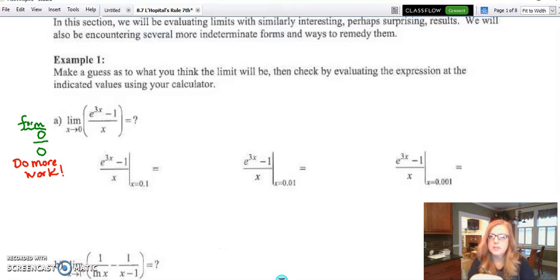All right, so initially taking a look at this, you might go, hey, let's look at how fast the top and the bottom are moving, kind of compare their relative rates. And when we did survival of the fastest, your first gut reaction is to say, well, who wins in the top? In the top, e to the 3x is winning. In the bottom, the x is winning.